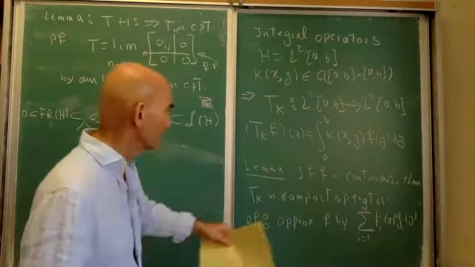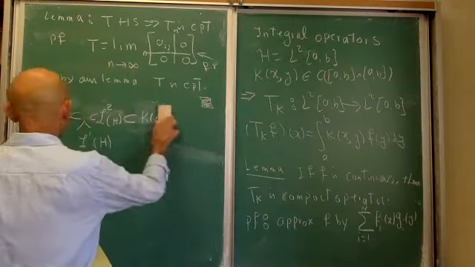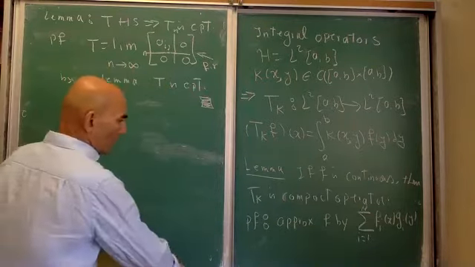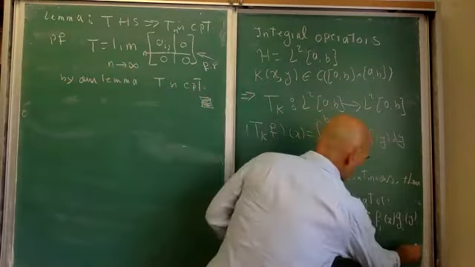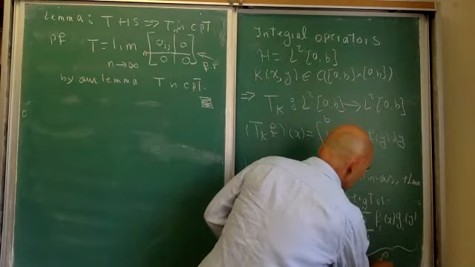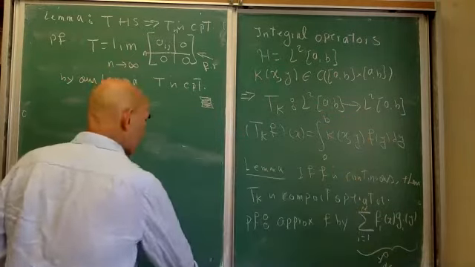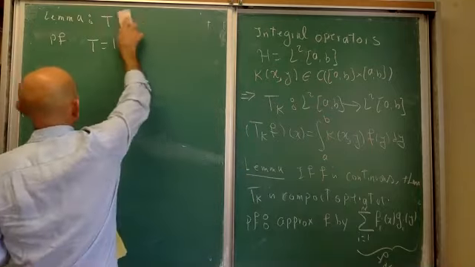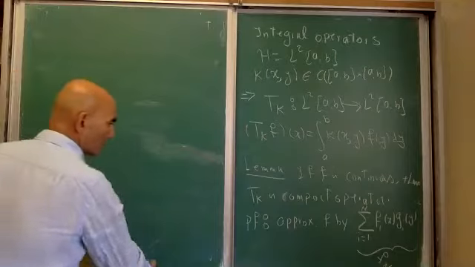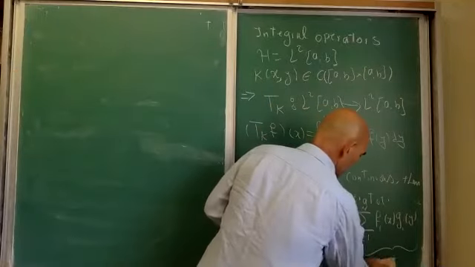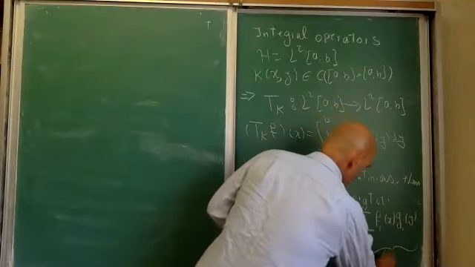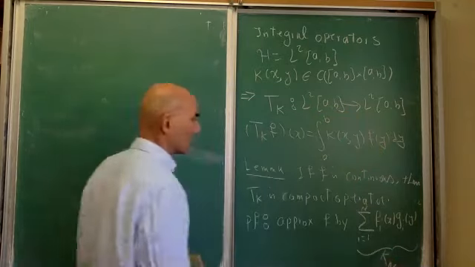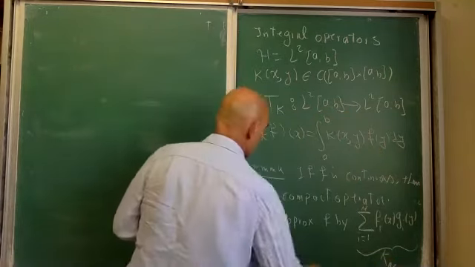So then, if your function is of this form, call it K_n, because it's a function of two variables, a kernel.